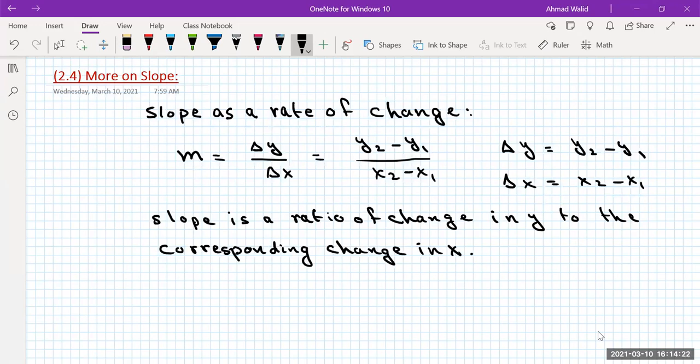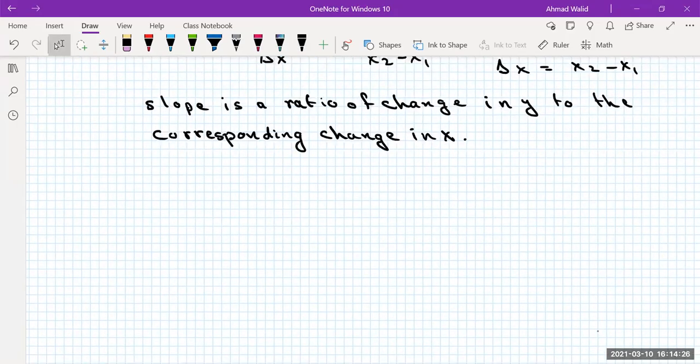It means any change that you see in y is based on the change in x.